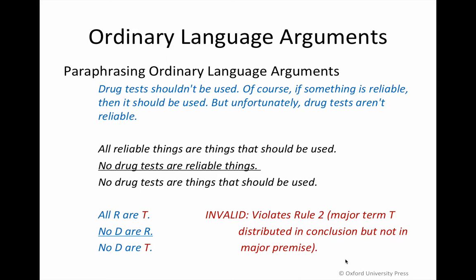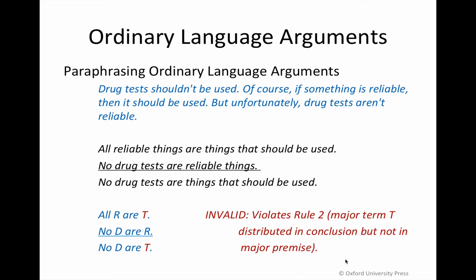Lastly, drug tests aren't reliable becomes no drug tests are reliable things. Notice that now we've got our terms both linguistically and conceptually identical. We've got, in order of appearance, reliable things, things that should be used, and drug tests.